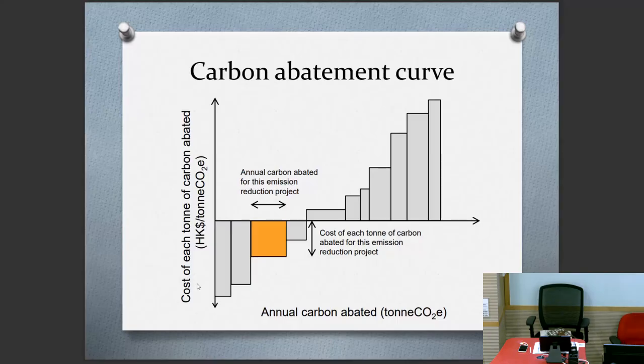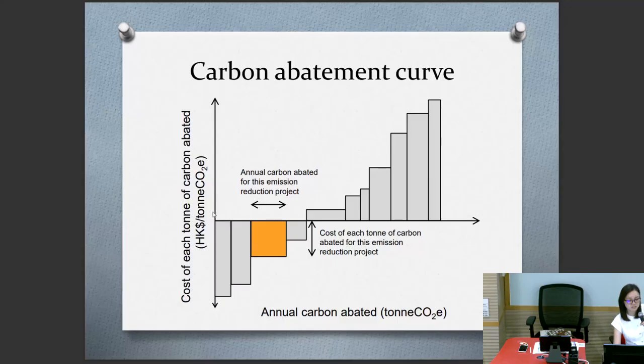So by using that mitigation strategy, you can save money. For every 1 ton of carbon dioxide reduction, you can save this amount of money, and you can also reduce this amount of carbon in a year. So this certain tons of carbon dioxide equivalent in a year.